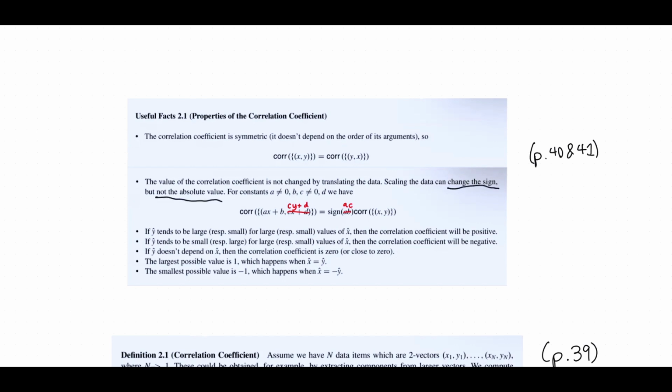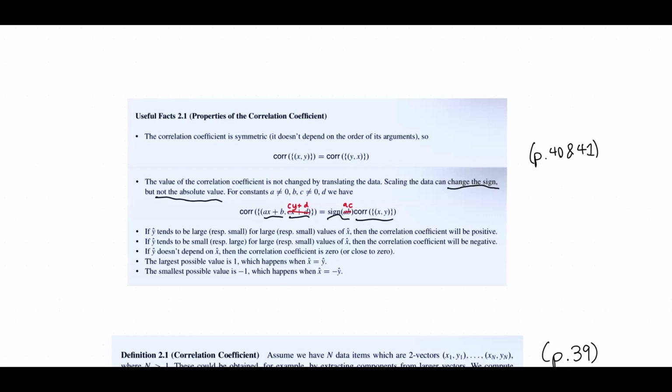More concretely, we can see that if the correlation coefficient of ax plus b, which is some scale of x and some translation of x, correlated with cy plus d, which is some scale of the dataset y and some translation of the dataset y, that's going to be equal to the correlation coefficient of x and y without any scaling or translating, multiplied by the sign of a and c, which are our two scale factors for the individual datasets.